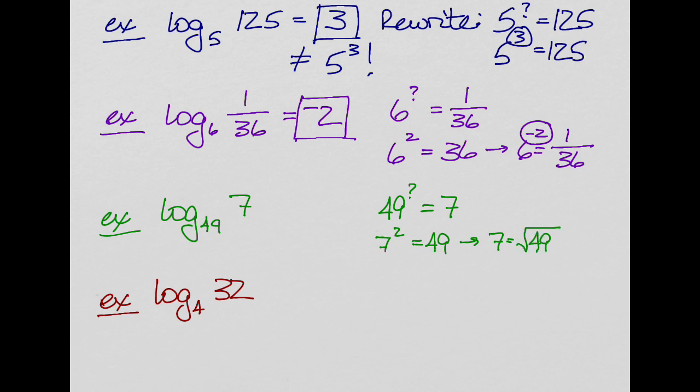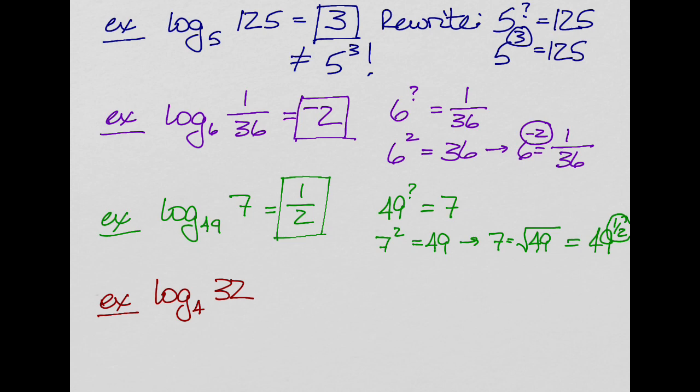But I also know I can rewrite roots as fractional powers. The square root of 49 is 49 to the 1/2 power. And there it is. There's the exponent that I need to put on 49 in order to end up with 7. So log base 49 of 7 is 1/2, because 49 to the 1/2 power, the square root of 49, is 7.